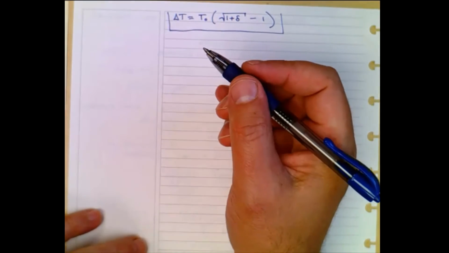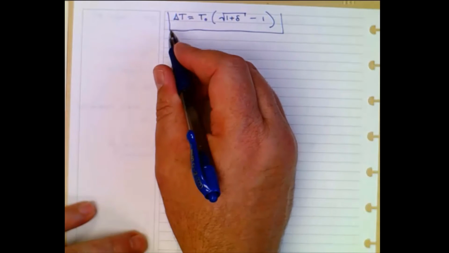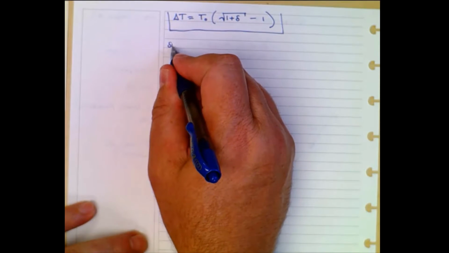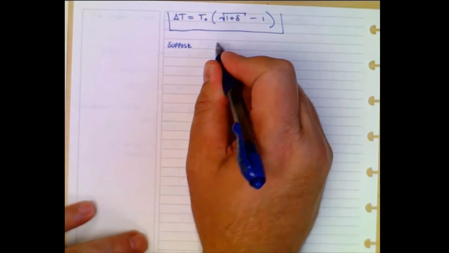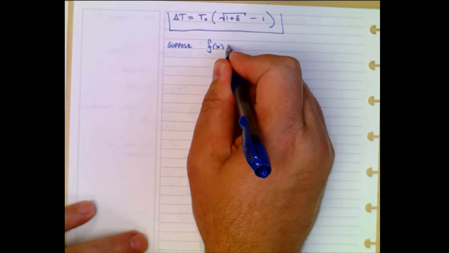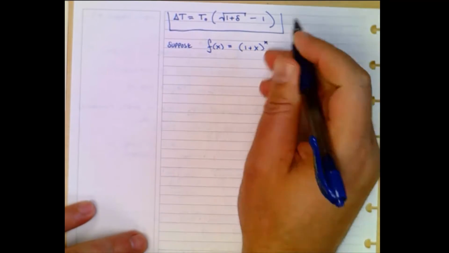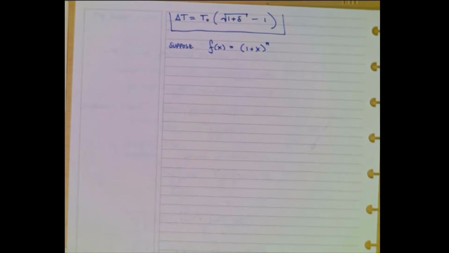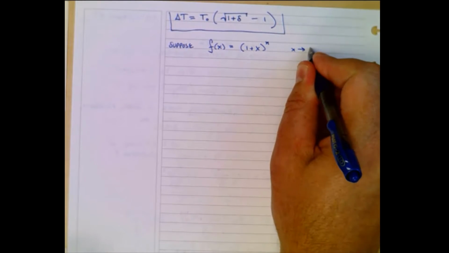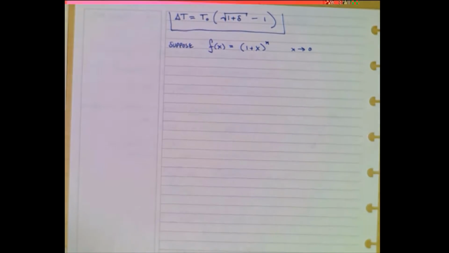So let's take a look at, suppose f of x is 1 plus x to the nth power, a binomial, which we will then raise to a power. And let us look at what happens as x goes to 0, as x is really small.